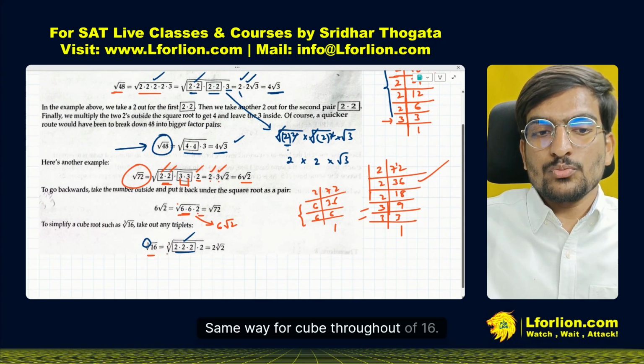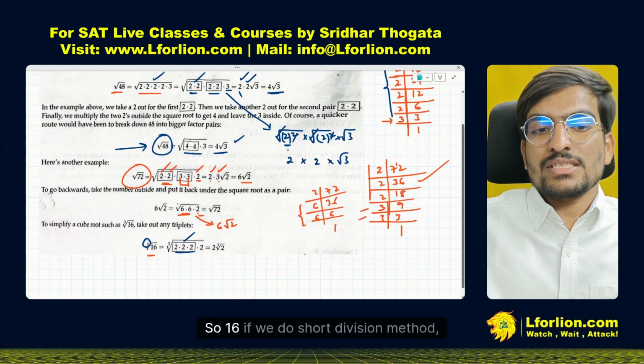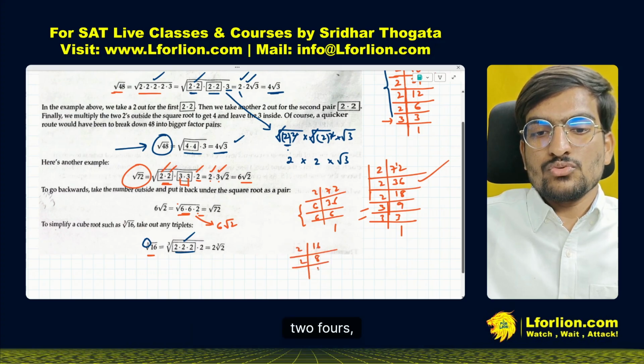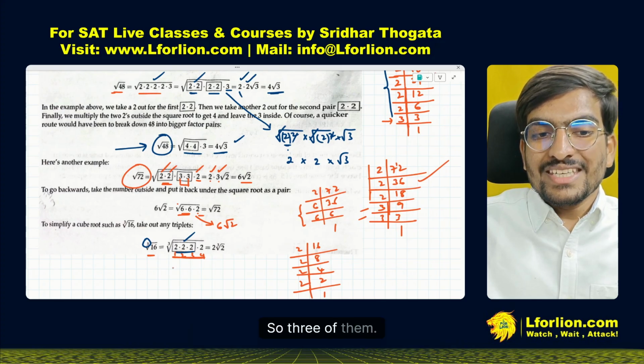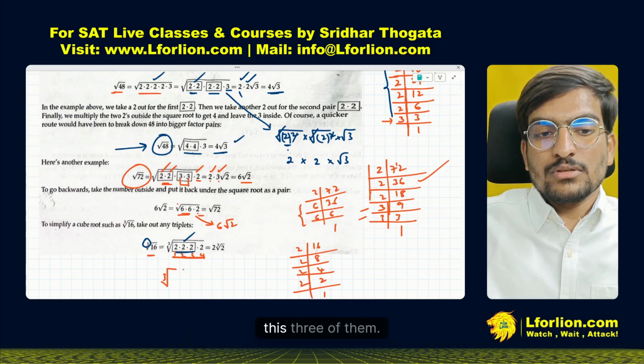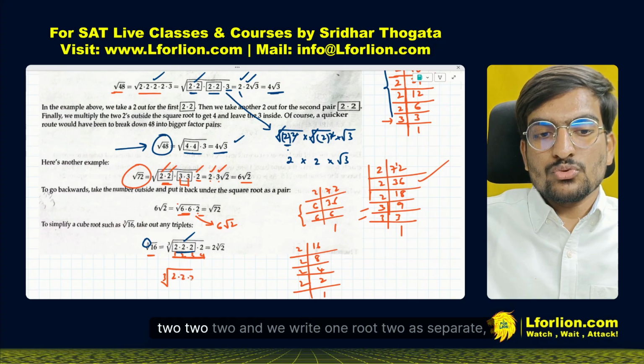Same way for the cube root of 16. So 16, if we do the short division method, 2 8s, 2 4s, 2 2s, and 2 1s. So four 2s under the cube root. So three of them. Why like that? These three of them we write like this, 2 2 2, and we write one root 2 separately.